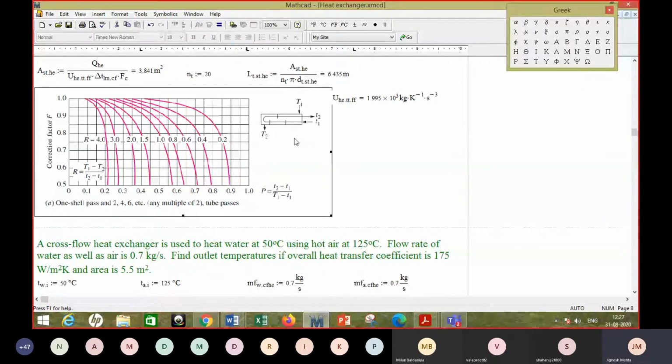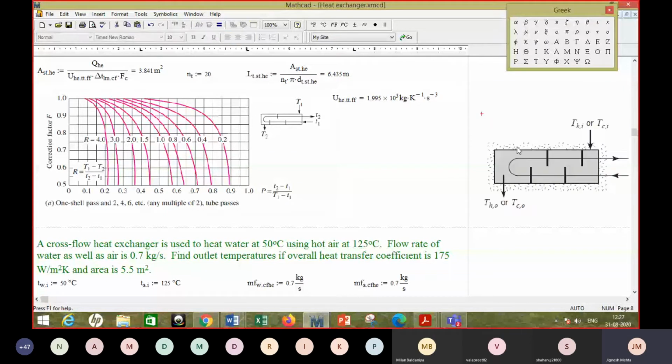Yeah, it's already there actually here, right? Though it's a bit small in size. So that shows the kind of configuration, or rather schematic, for the given configuration.